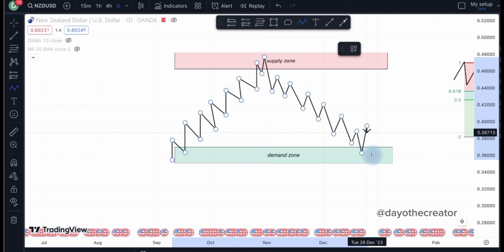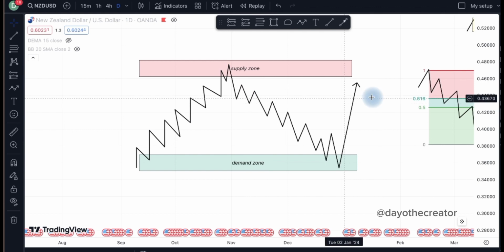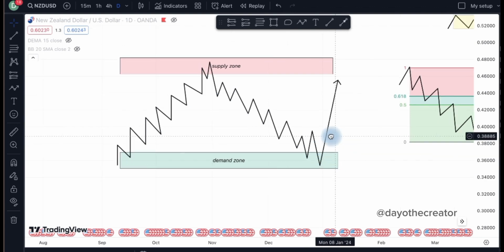It traps them here, then takes them out, then taps into the demand zone, then flies to the upside. So this is the practical example of supply and demand. The sell orders are being executed in the supply zone and the buy orders are being executed in the demand zone. As simple as that.